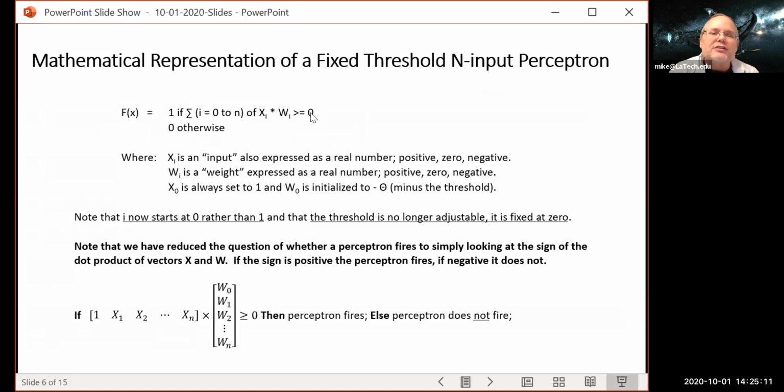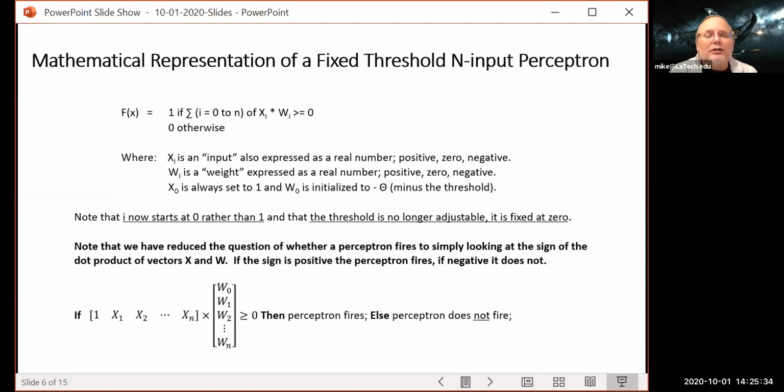If all of this is greater than or equal to 0, I fire. Otherwise, it'll be negative and I won't fire. And I haven't really changed anything except to introduce this new x sub 0, which is always set to 1, and w sub 0, the weight sub 0, which is initialized to minus the threshold, minus theta.